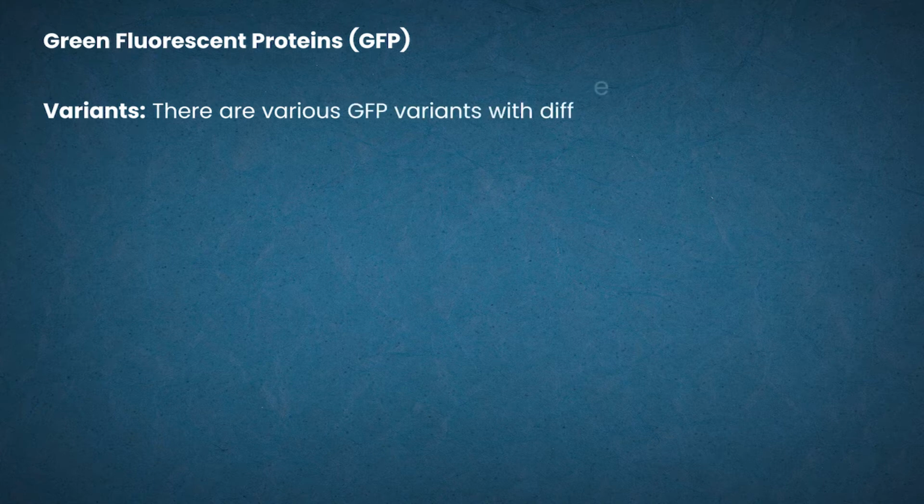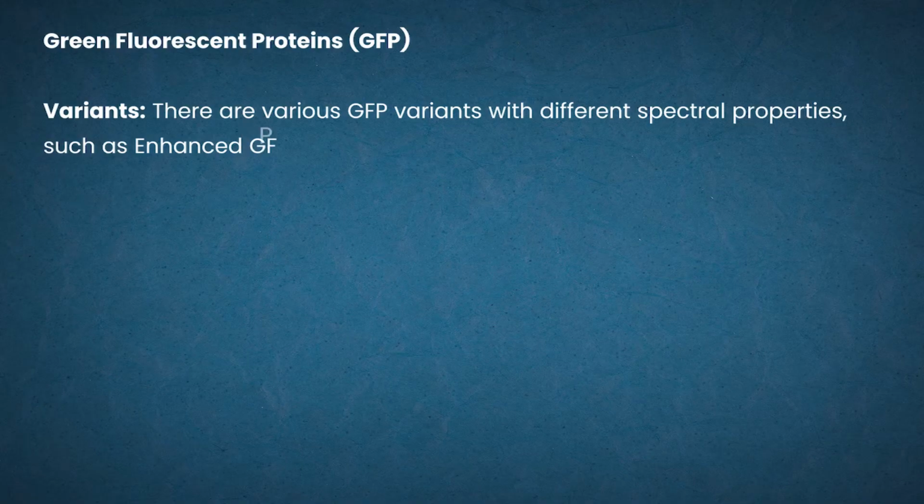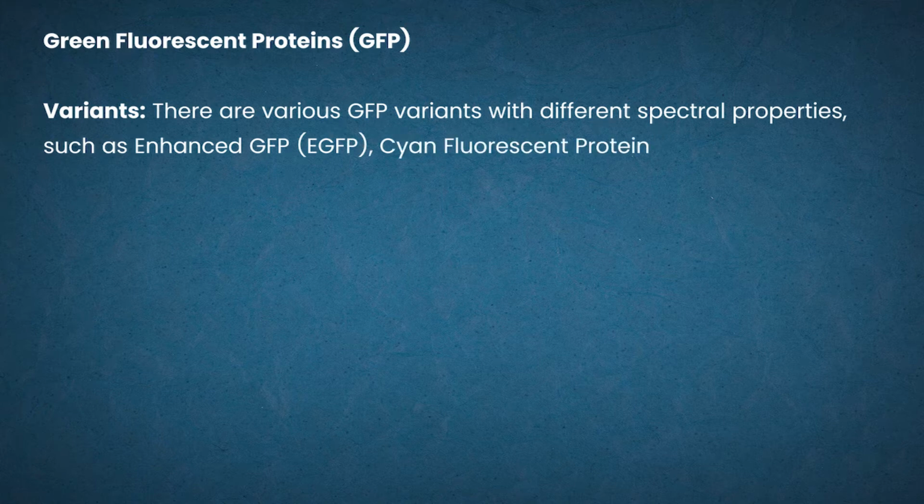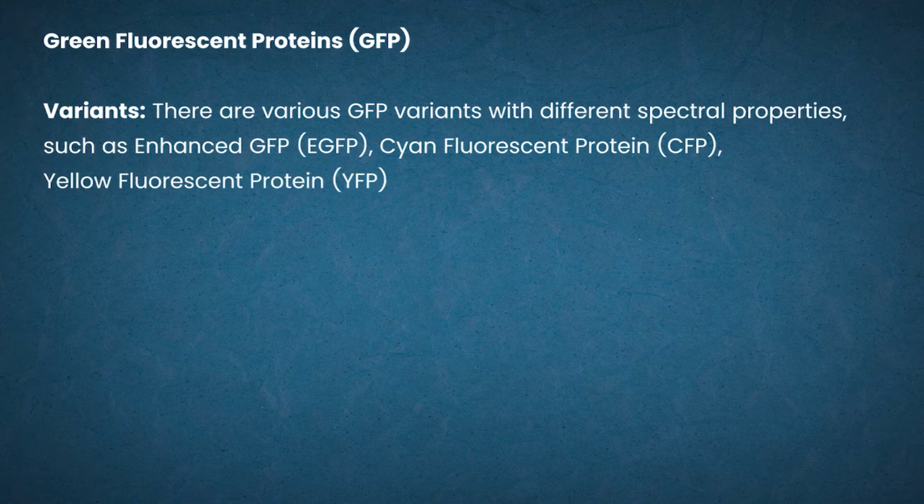As I have mentioned previously, there are different variants of reporter gene. In a similar way, there are different variants of green fluorescent protein as a reporter gene. Each variant of GFP has different spectral properties, such as enhanced GFP known as eGFP, cyan fluorescent protein CFP, yellow fluorescent protein YFP and red fluorescent protein RFP.